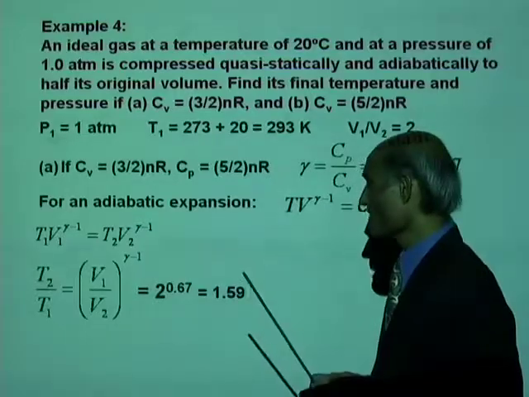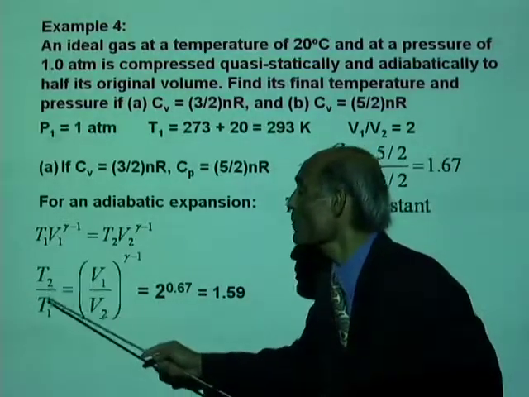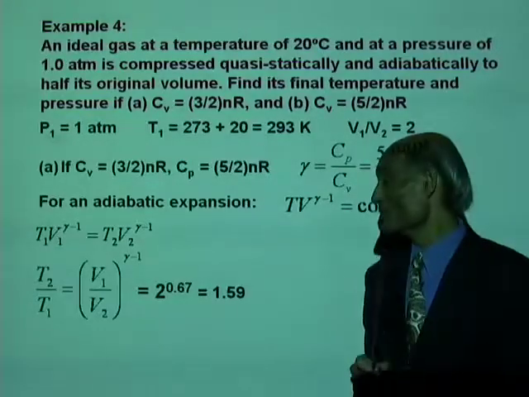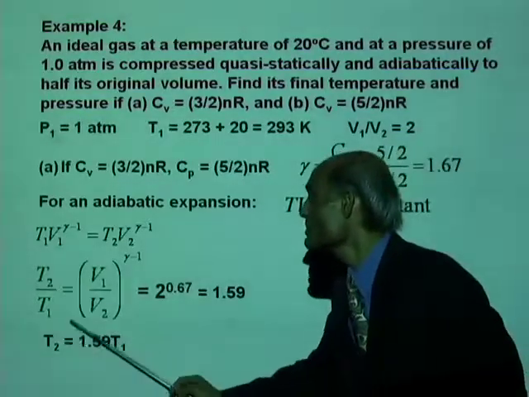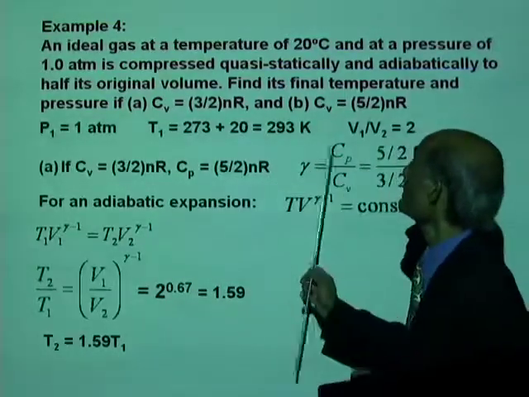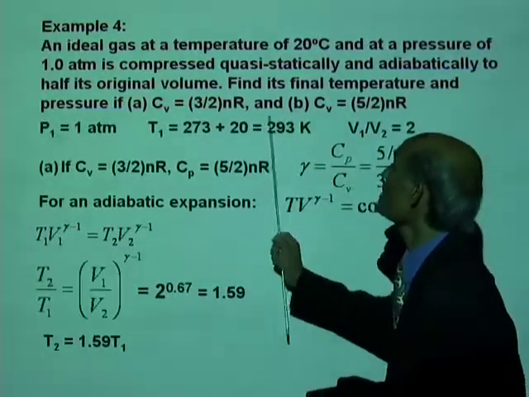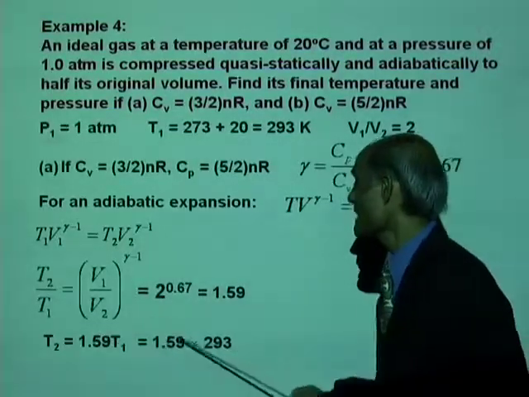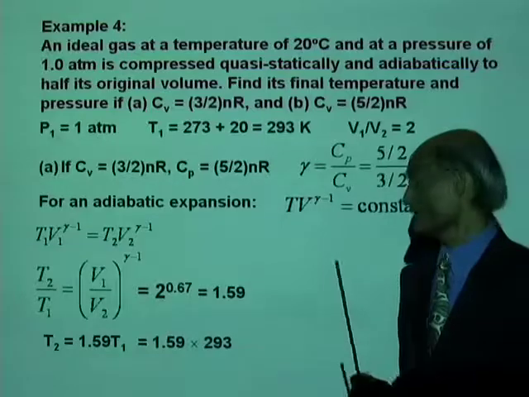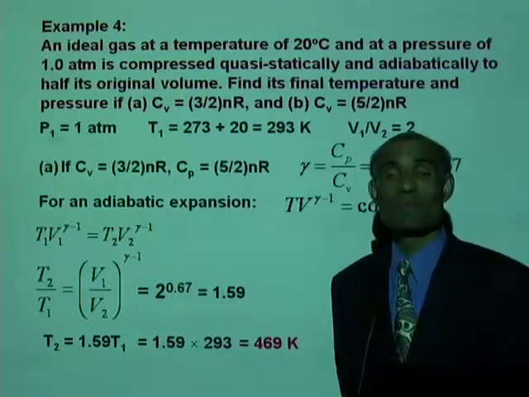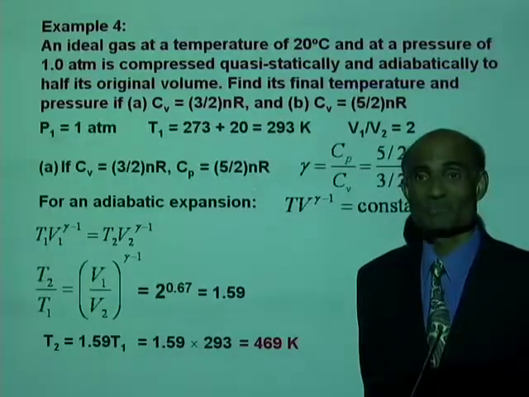It is 1.59. So T2 over T1 equal to 1.59. Therefore, T2 equal to 1.59 times T1, and T1 is 293 Kelvin. So that will be 1.59 times 293. That is 469 Kelvin, the final temperature.